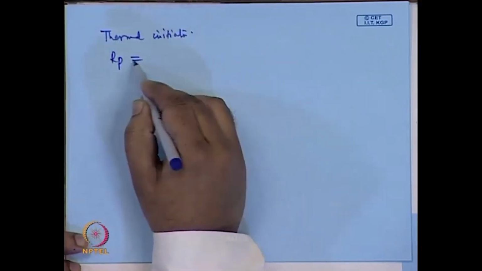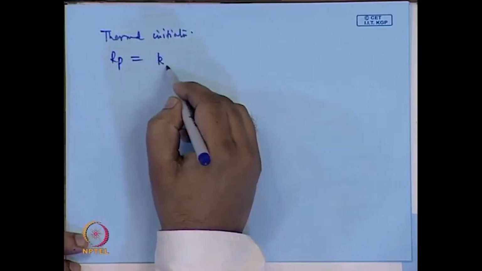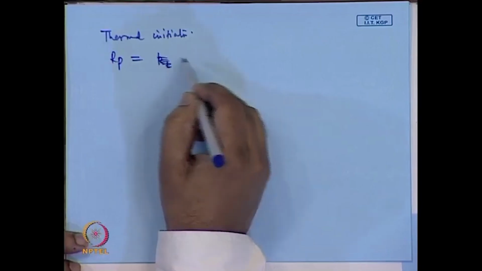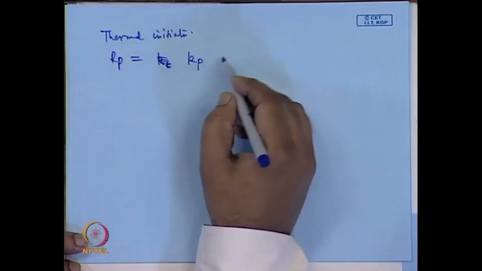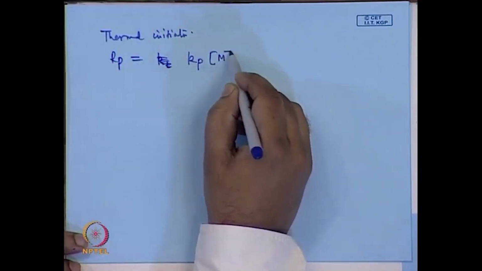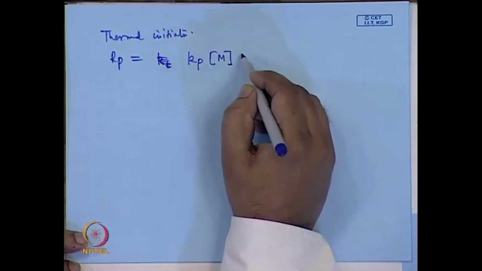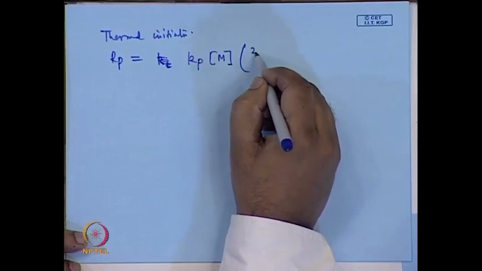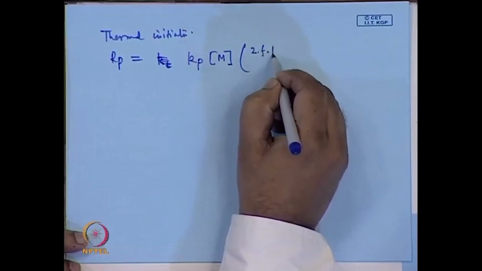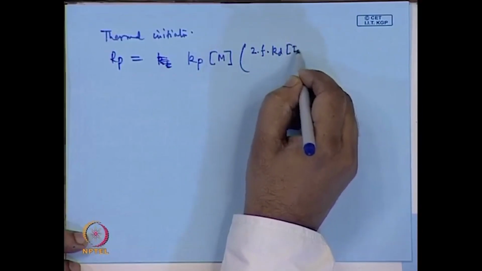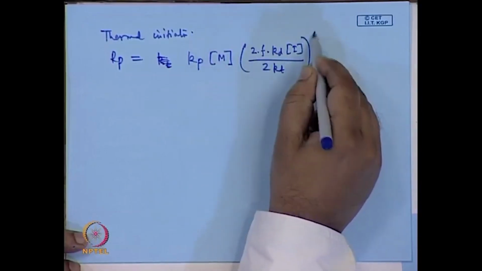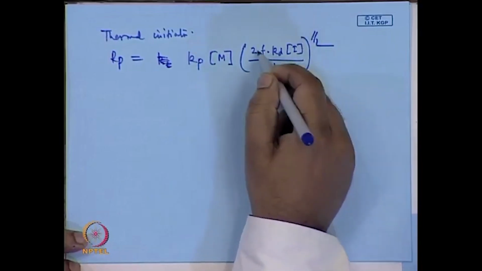Rp is given by Kp m Ri over 2Kt to the power half, where Ri is twice F Kd I. These 2 cancel out.